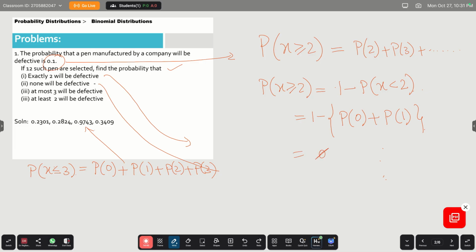And this you can calculate, 12C0, 0.1 power 0, 0.9 power 12, and P of 1 is 12C1, 0.1 power 1, and 0.9 power 12 minus 1 is 11. So you can calculate and cross check that. The final answer will be 0.3409.